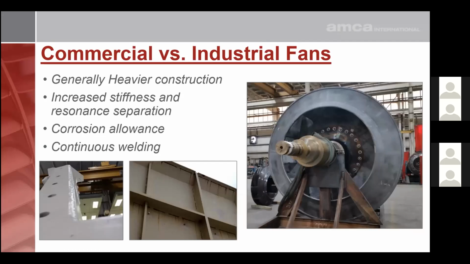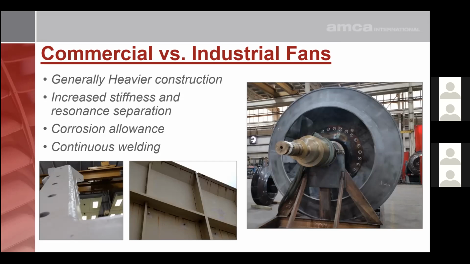Well, I guess the first noticeable feature of industrial fans is that they look heavier. Thicker plate gauges are stiffer, and they typically have more reinforcement. Natural frequencies of the fan housing and impeller are shifted outside of the operating range of the fan. Shafting on industrial fans is also generally larger for critical speed separation, or natural frequency separation.